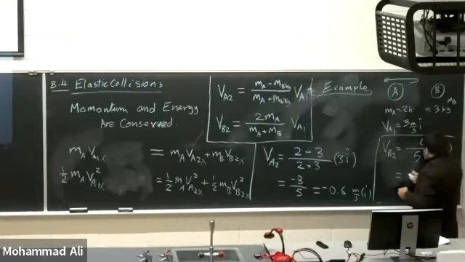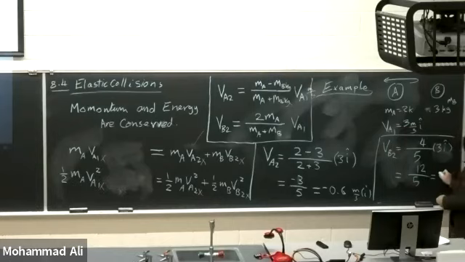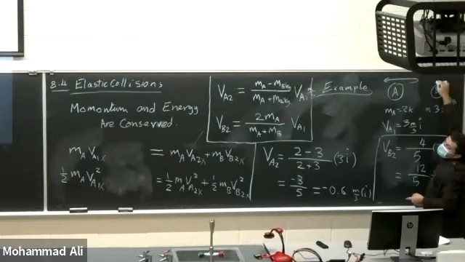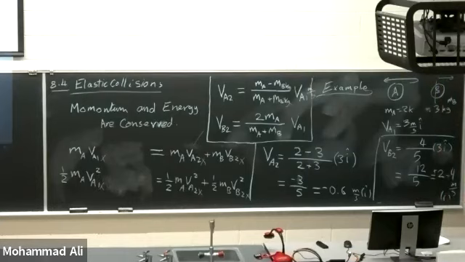This will be equal to 12 over 5, which is equal to 2.4 meter per second in the positive I direction. Also, the ball B was stationary before the collision. Now it will start to move in the positive I direction. Yes. Any question about that? Online, any question about that?